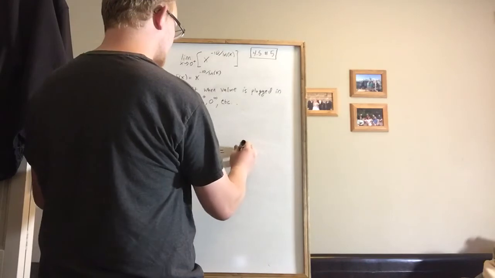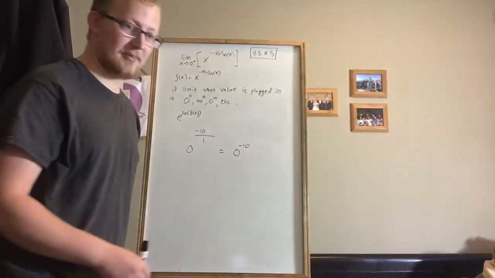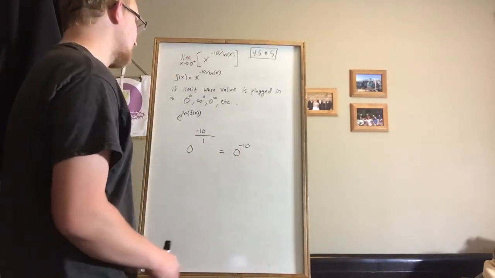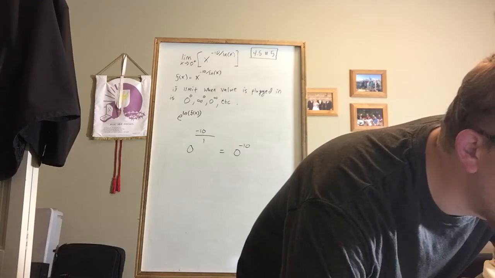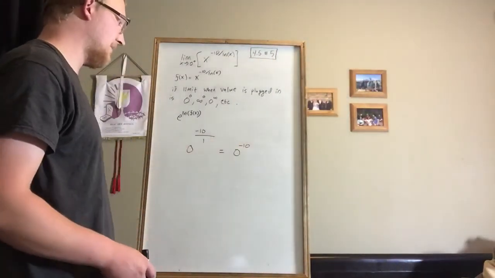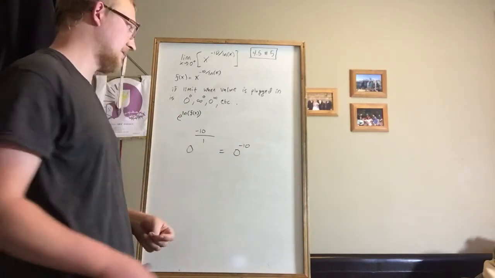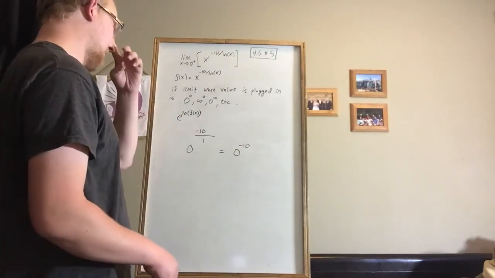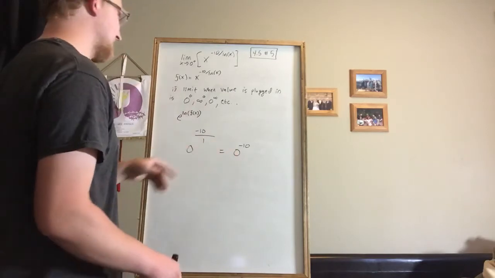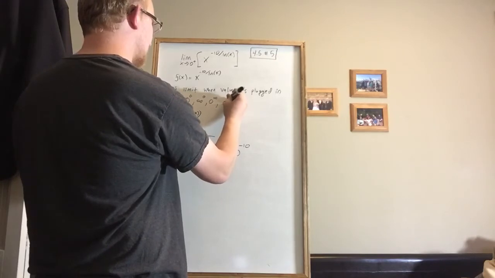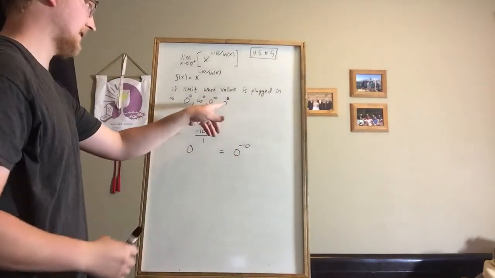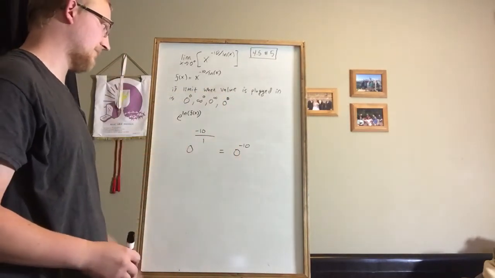So we end up with 0 to the power of minus 10, which is 0 to the power of some number, which we can't really deal with logically.